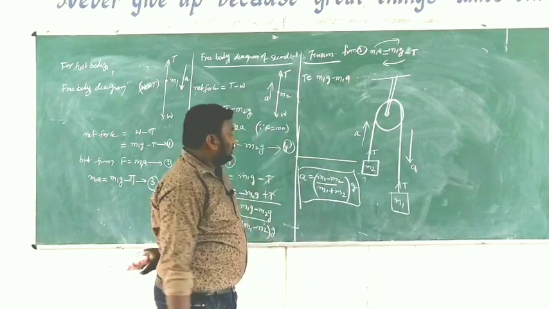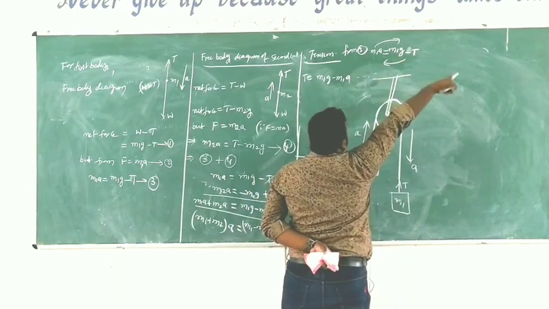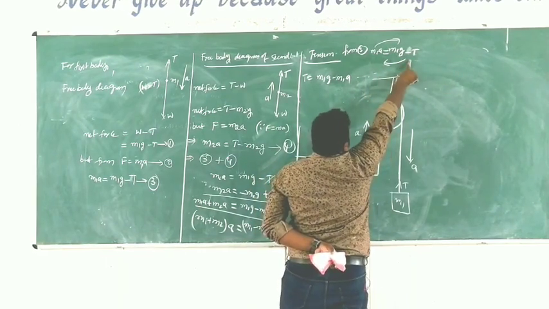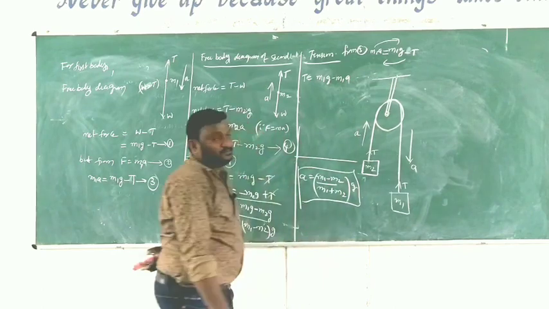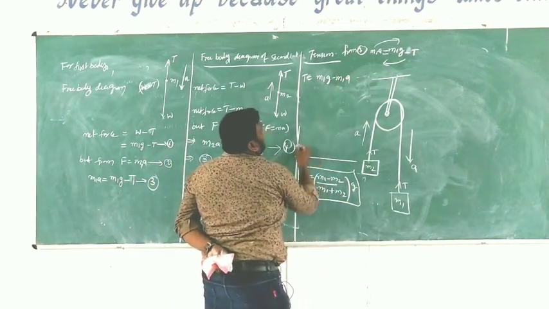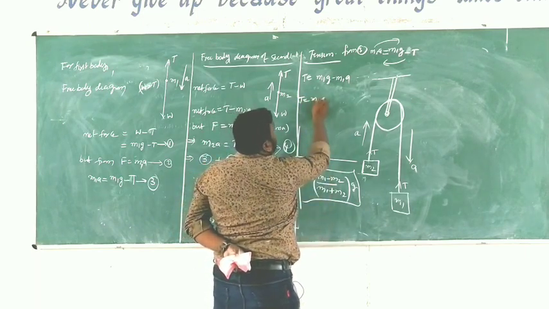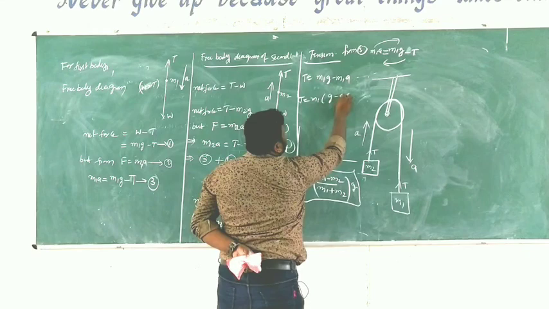Clear, children? M1A plus it is there, that's why it is minus, and here minus is there, then now it is plus. And after that, in these two which is common? M1 is common. Then T is equal to M1 into G minus A.